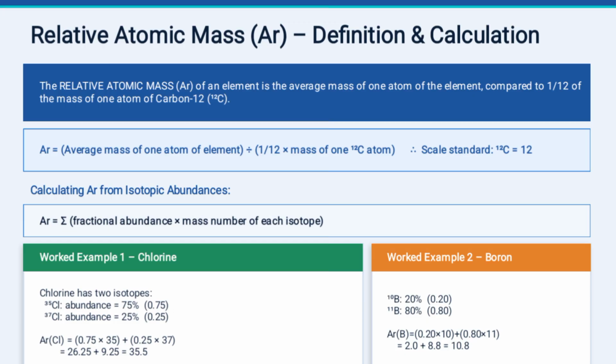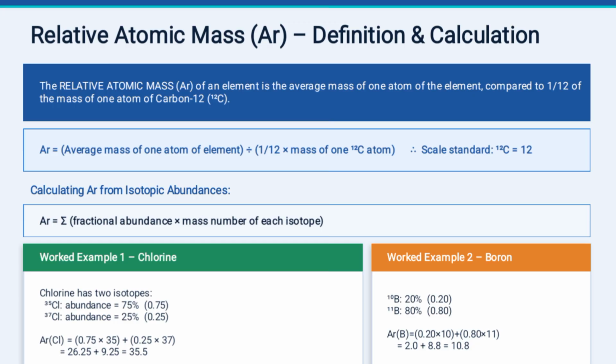Let's look at relative atomic mass. The relative atomic mass of an element is the average mass of one atom of the element when compared to 1/12 of the mass of one carbon-12 atom. We can also define the relative atomic mass of an element as the average mass of its various isotopes as they occur naturally in any given quantity of the element.